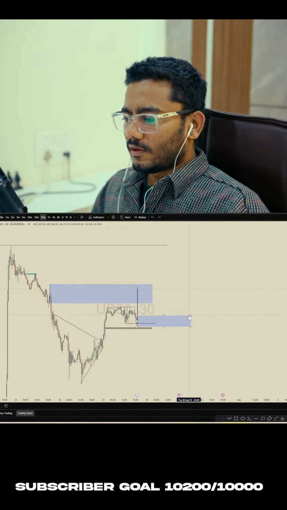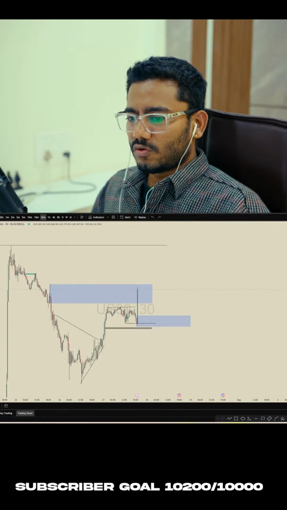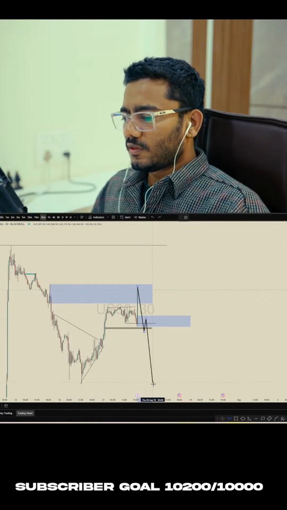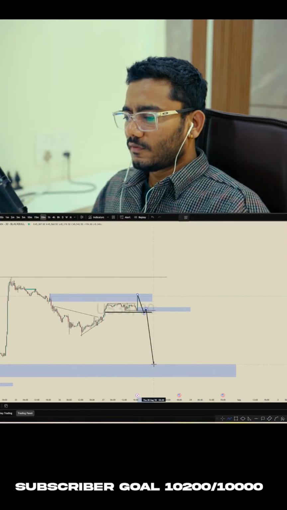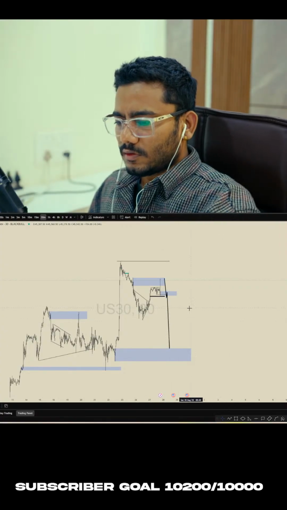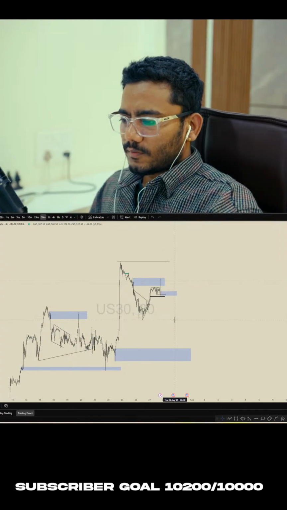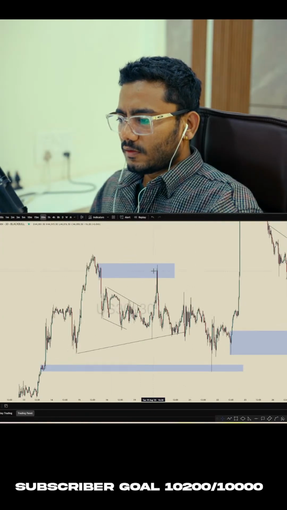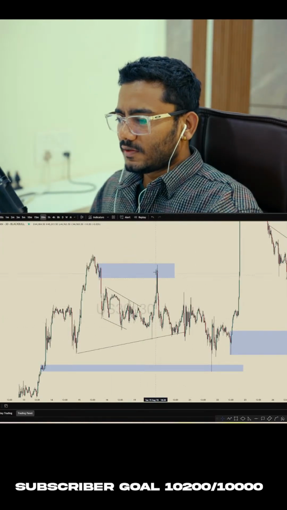For sell side, the thing is, we want price to break the strong low. So price has created the strong low, and it should be broken. Then only we'll look for a sell side entry from here, like this. You can see here also price created this high and then broke, and it started to go down.